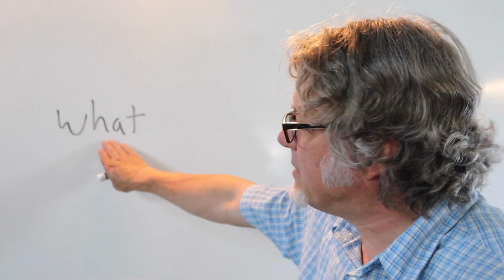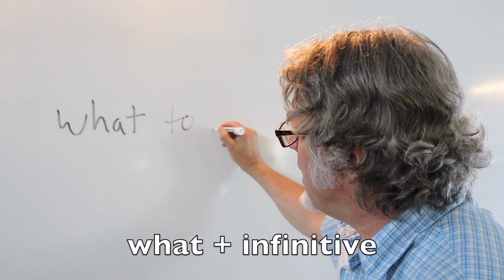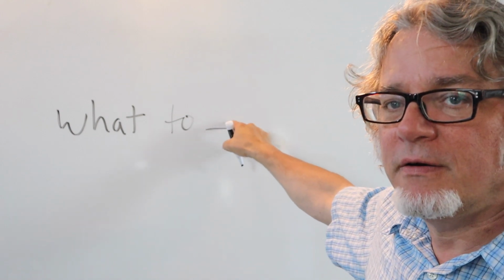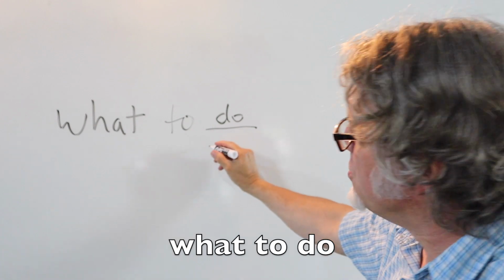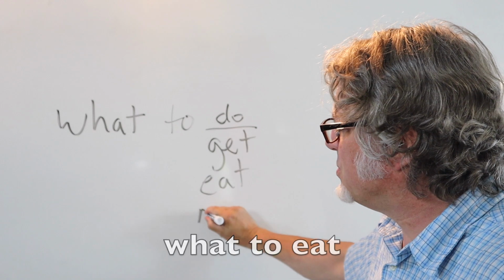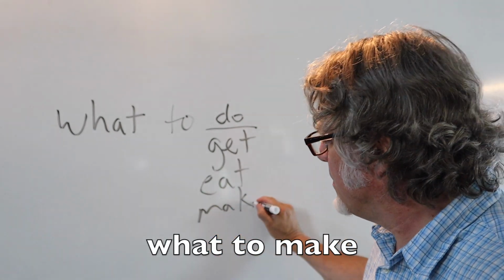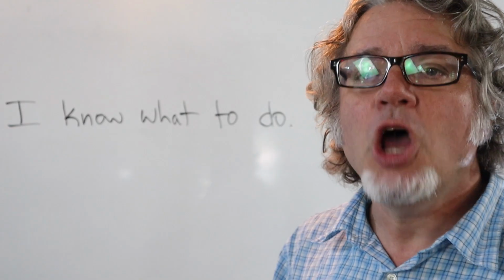Here's the word what, and then the infinitive to, and then the simple form of a verb. What to do, what to get, what to eat, what to make, what to have. I know what to do.